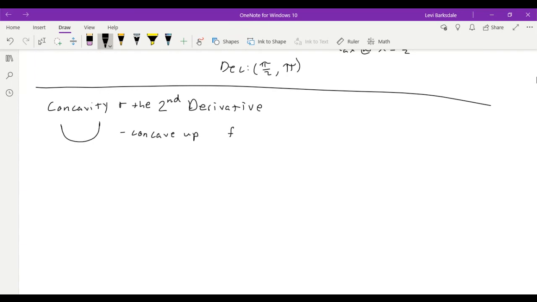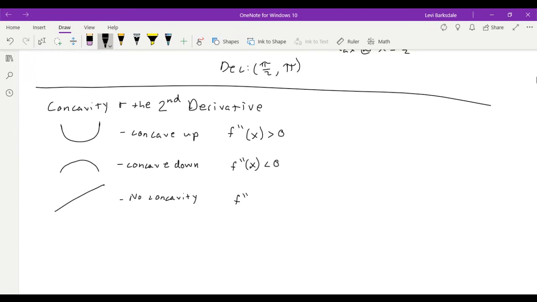And this occurs when f double prime of x is bigger than 0. We can also have concave down, and this is when our second derivative is smaller than 0. And if it doesn't make one of these curve shapes, if it's just like a straight line, even if it's still increasing, this has no concavity.